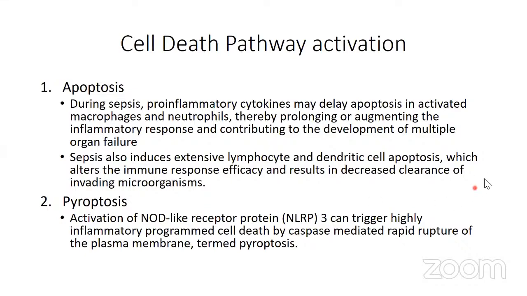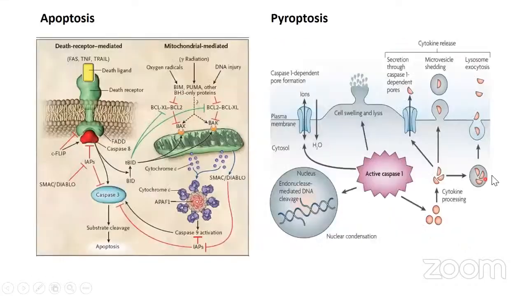To the interested reader, you could just notice some differences here. So let's start with the apoptosis side. You can see, again, a death ligand, for example, tumor necrosis factor alpha, interacts with the death receptor, and it leads to activation of caspase 8. Caspase 8 at the end of the day leads to activation of caspase 3, and this causes apoptosis.